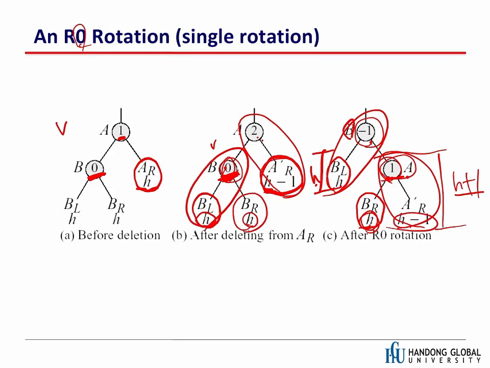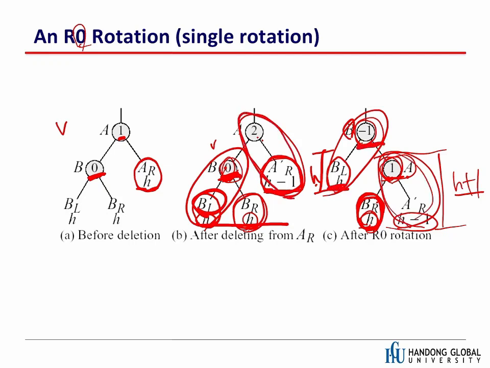Again, when we rotate this tree, we still don't change the order. BR is the left subtree of A, so it is smaller than A, but still larger than B. BL is the left subtree of B, so it's still there.